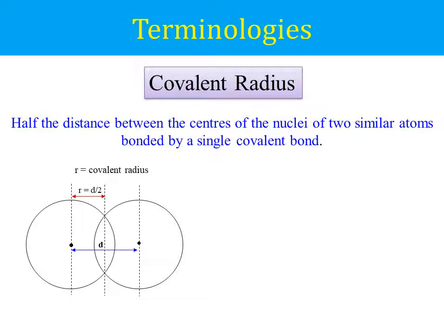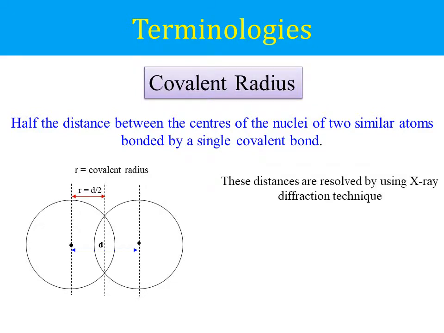After determining the distance between them, it is divided by 2, that means halved. And that half distance is what we call the covalent radius. Now, this distance is again resolved using the X-ray diffraction technique, which is generally always used.